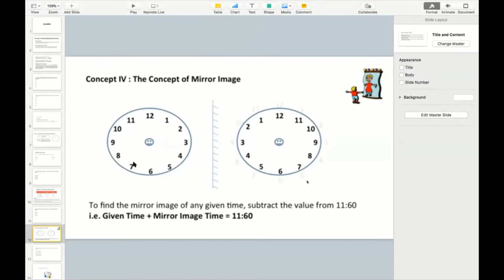Okay, so the hour hand which was pointing at 7, just imagine where it will be pointing now.